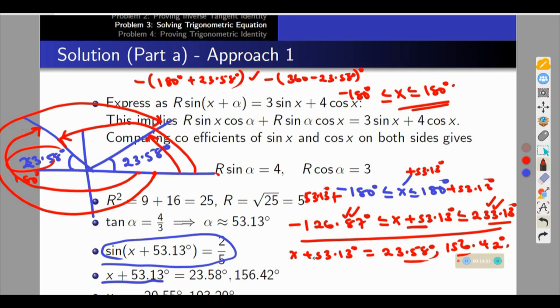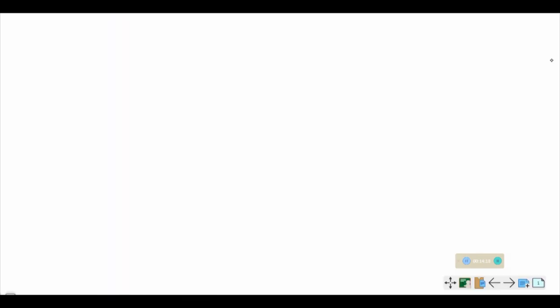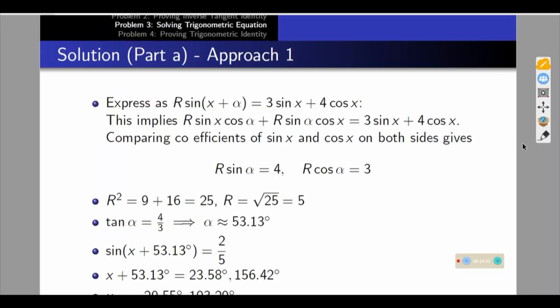So we need now to get the values of x for which x plus 53.13 equals this and equals that. So let us obtain the values of x that lie within that given range. For that case, we shall bring this one on this side.